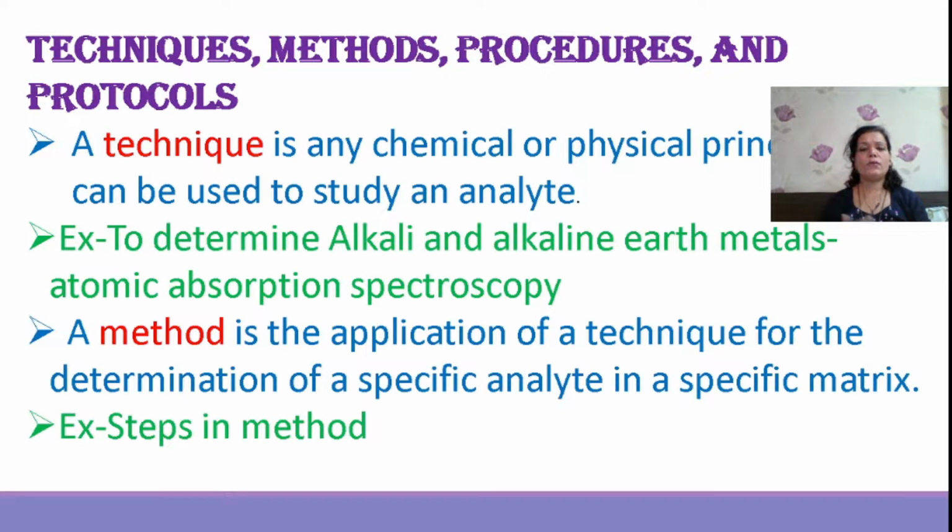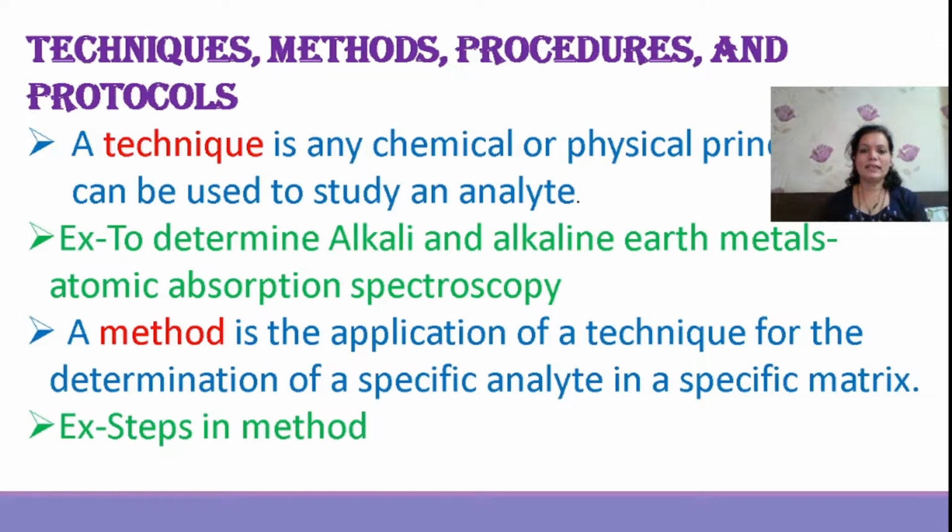Or for an experimental technique such as an instrument like atomic absorption, where we usually determine the alkali and alkaline earth metals, I need to prepare a solution of lower concentration, in ppm, parts per million. Method. Now it is an application of the technique.